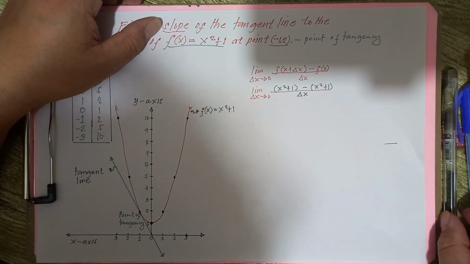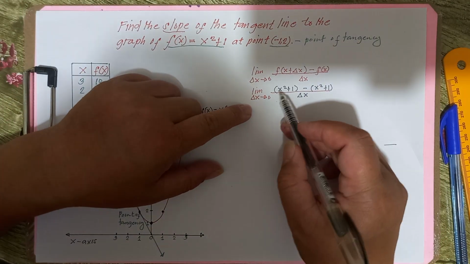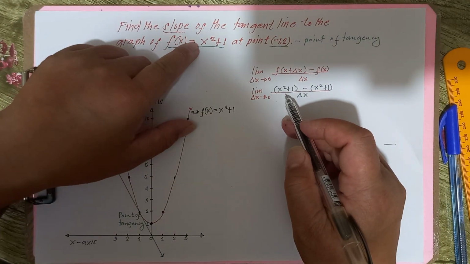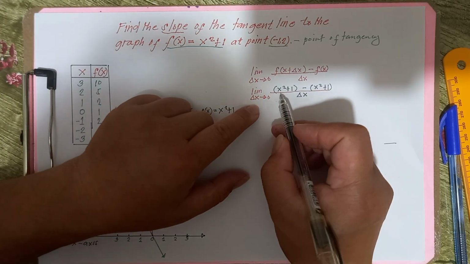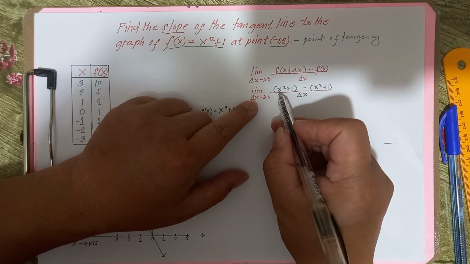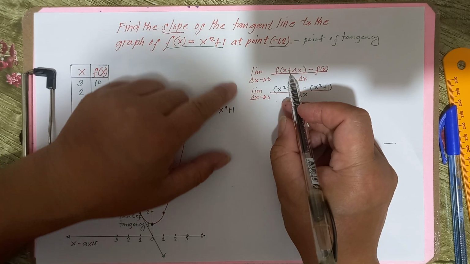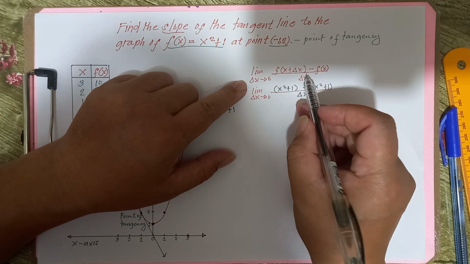Now, you will notice that the value of x in here, according to our limit notation, is x plus change of x.